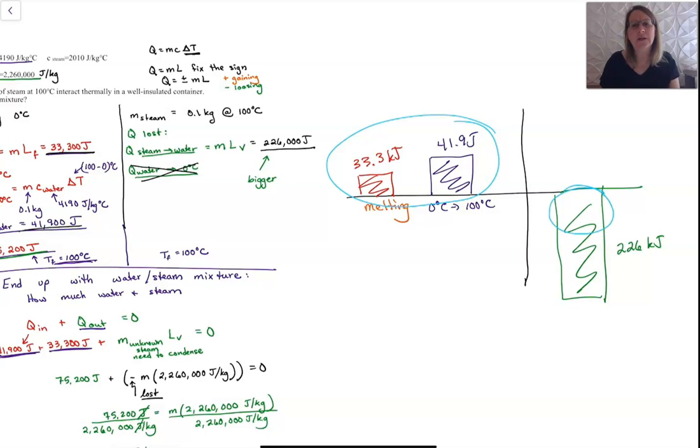That's a way to picture the amount of heat we need from steam into water, and from that heat, we can then find the mass of steam that needs to go into water. So that's that picture.